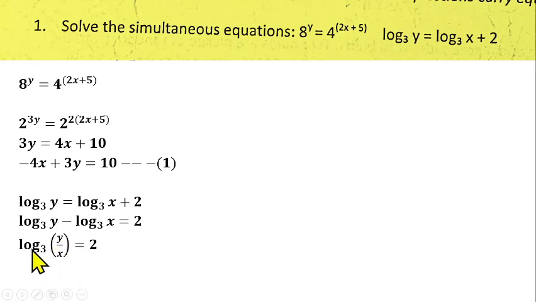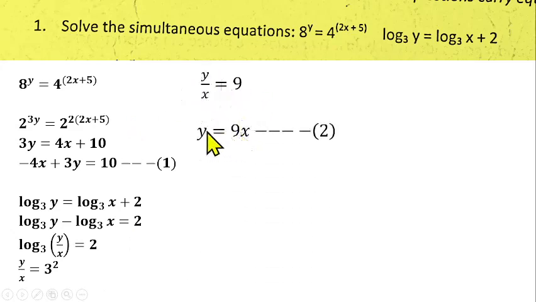You can change this to a number without log, because this simply means how often can I raise 3 to give me y over x. That can be interpreted as 3 raised to power 2 equals y over x, so y over x equals 9. If you cross multiply, you have y equals 9x, which you can call equation 2.